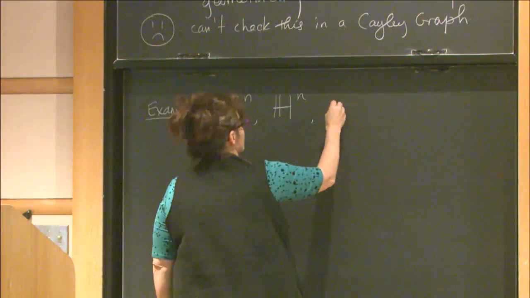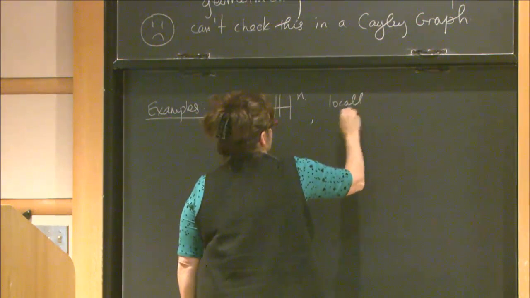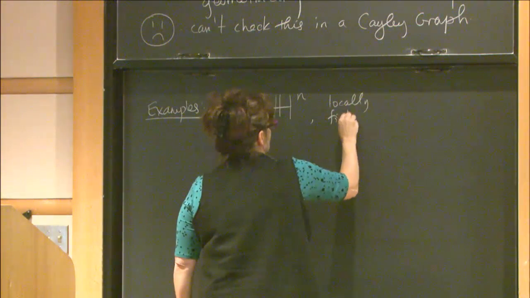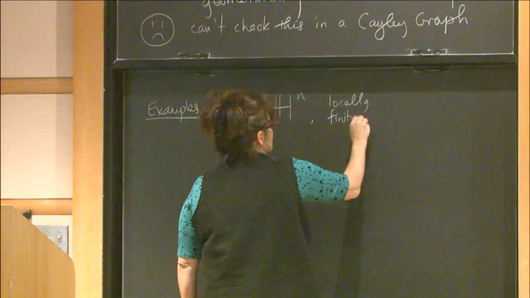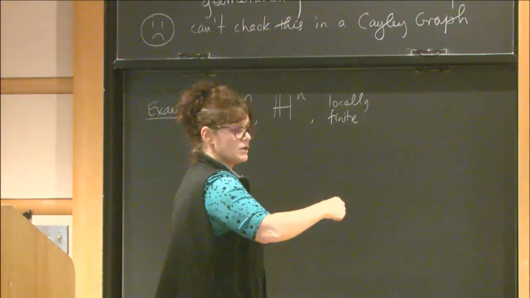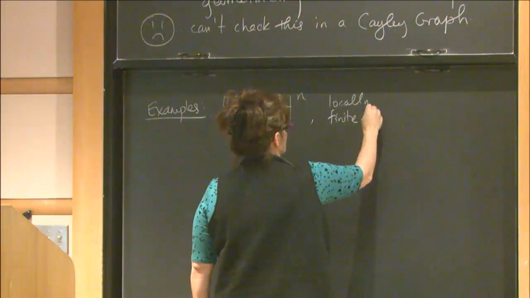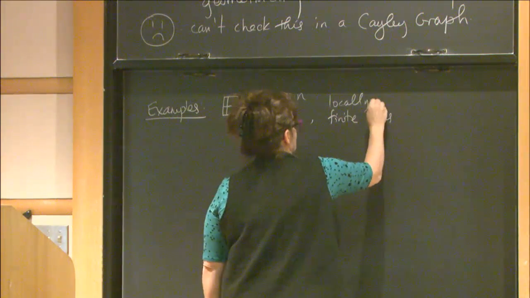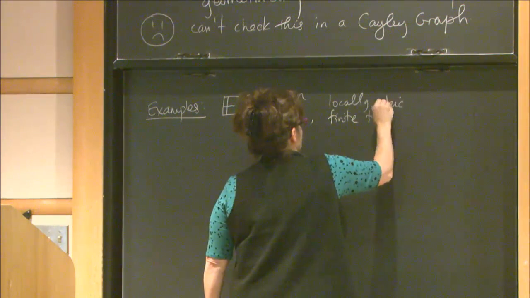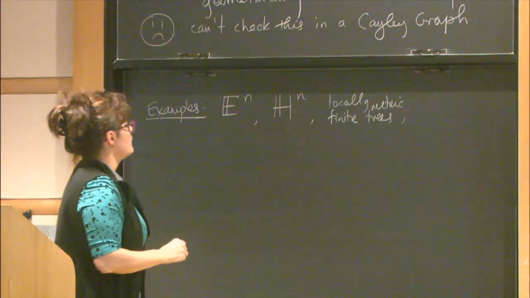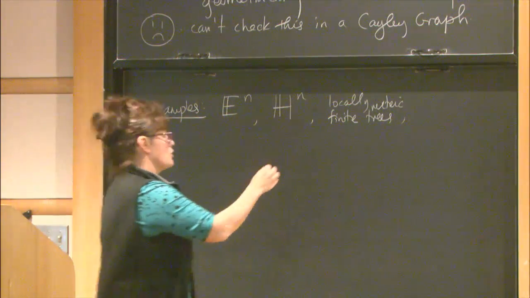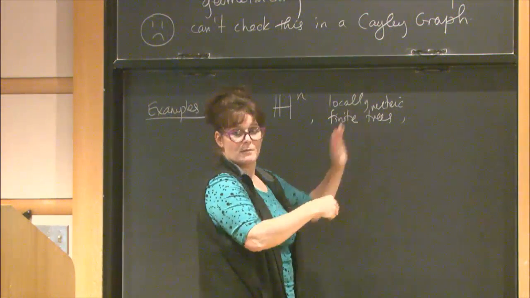Trees, so locally finite trees. Notice I'm saying locally finite because I put proper over there. I want to just stay in the setting of proper geodesic metric spaces. So locally finite metric trees. And of course, universal covers of Riemannian manifolds. I'm not even going to write that down.